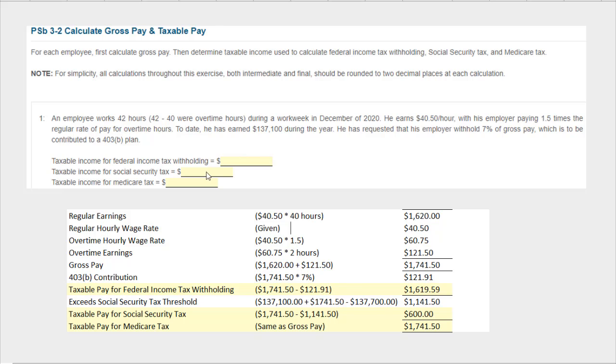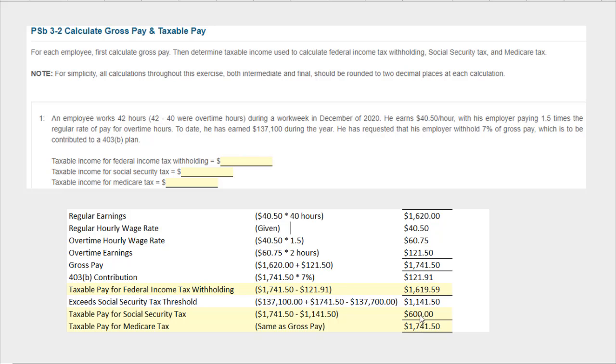600 goes here. And the very last one is, what is the taxable pay for Medicare tax? The taxable pay for Medicare tax is the same as the gross pay. So this pay period, we earned $1,741.50. And all of that is subject to Medicare tax. All right?